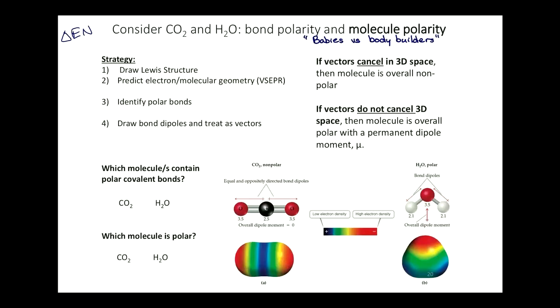Both molecules technically contain polar covalent bonds, but because of how they cancel out, only water is the polar one. Using my babies and bodybuilders analogy will help, because things get confusing when lone pairs are involved. I like to just think of the lone pairs as bodybuilders, and then that works.